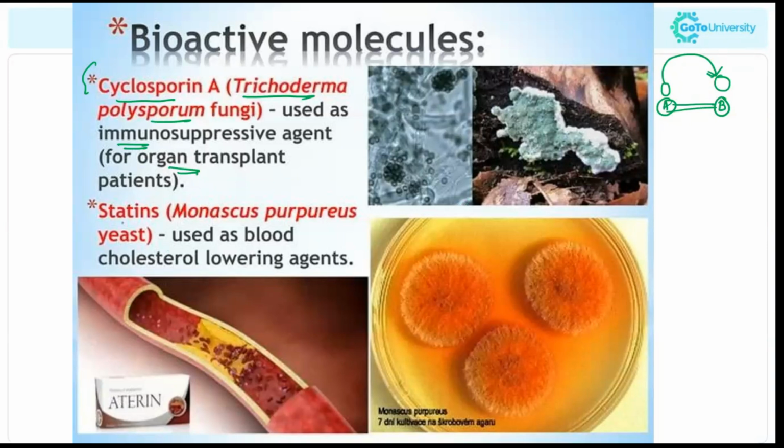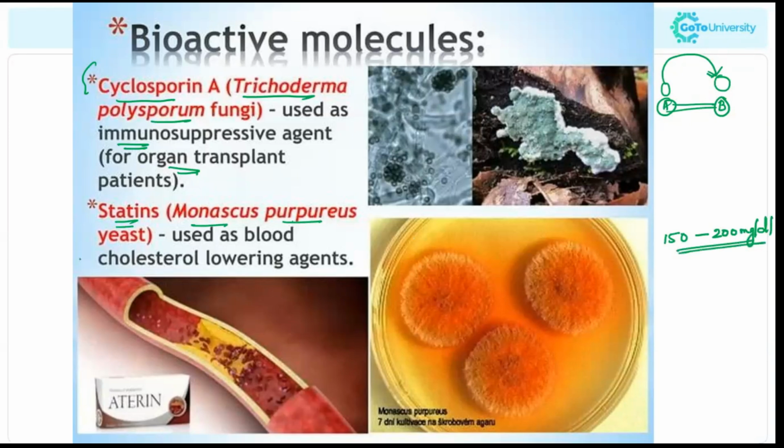Next is statins. Statins are produced by the yeast Monascus purpureus, and they have been commercialized as blood cholesterol lowering agents. We know that our normal blood cholesterol level is 150 to 200 milligram per dl, and if it is higher than this level, we say it is hypercholesterolemia.